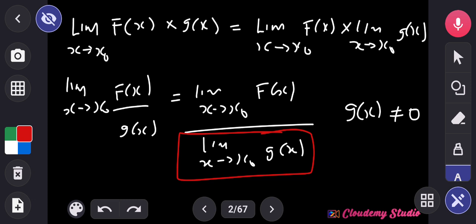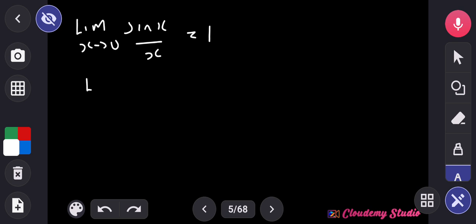There are some questions we are going to solve, but before we solve them, let us talk about some special limits. The first is the limit of x tends to 0 of sine x upon x, which is equal to 1. It is always equal to 1, whether it is sine x upon x or sine theta upon theta. And the limit of x tends to 0 of 1 minus cos x divided by x is equal to 0.